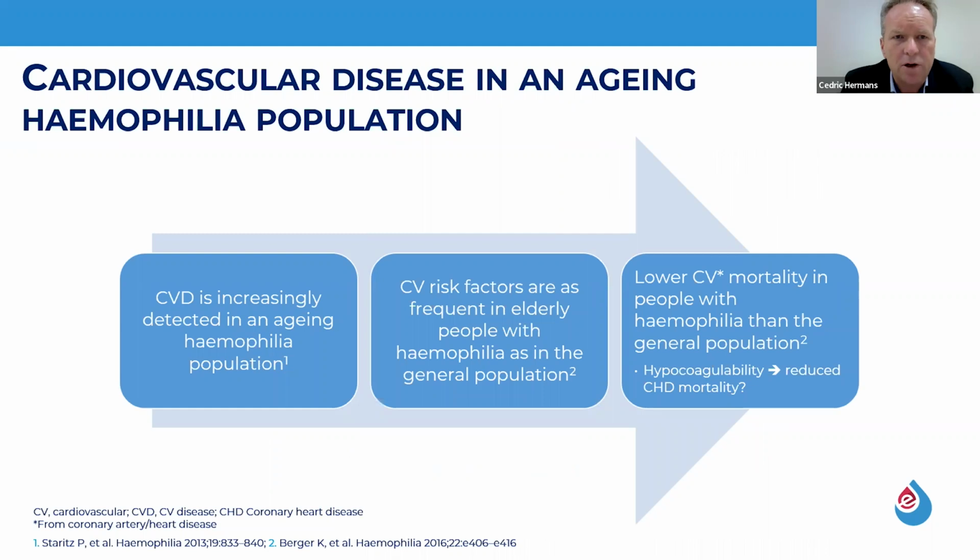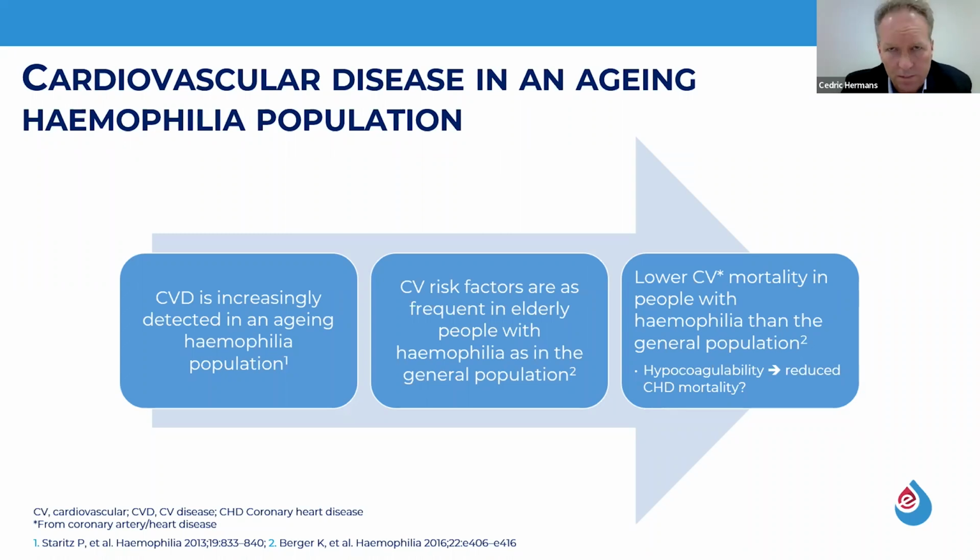So what do we know about cardiovascular disease in an aging hemophilia population in 2023? What we know is that cardiovascular disease is increasingly detected in our aging hemophilia population. We also know, and I'll come back to that, that cardiovascular risk factors are as frequent in elderly patients with hemophilia compared to the general population.